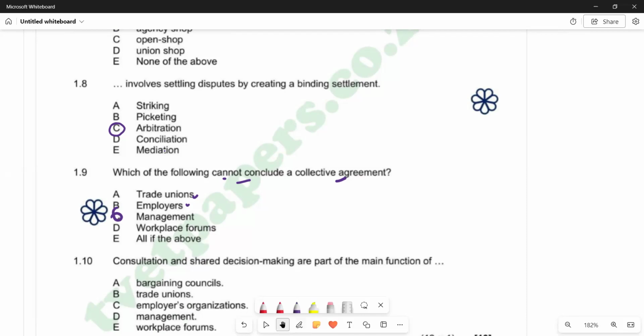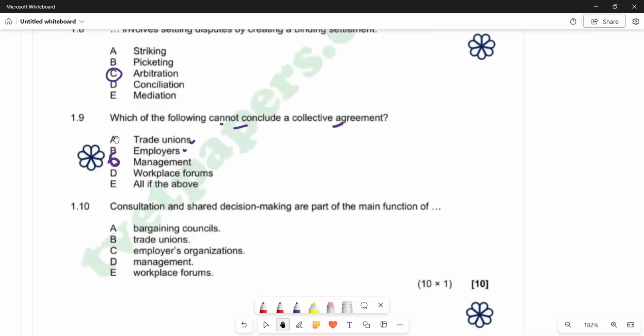Then 1.10, consultation and shared decision making are part of the main function of, we are given A as bargaining councils, B, trade unions, C, employers organizations, D, management, E, workplace forums. According to the responses that we have there, workplace forums is the correct answer.